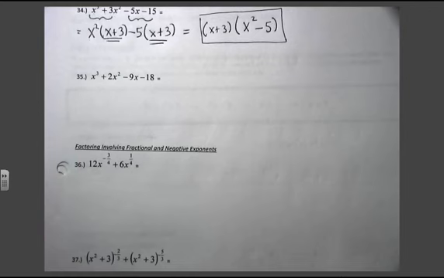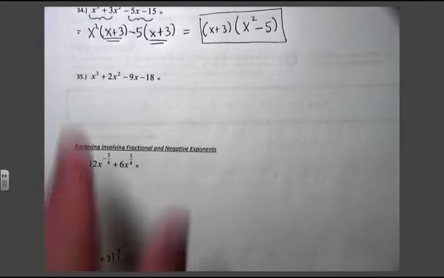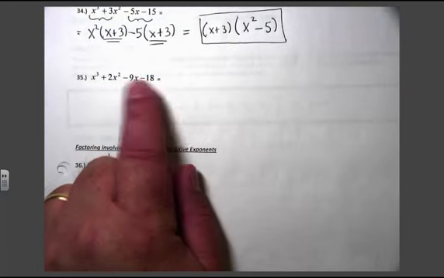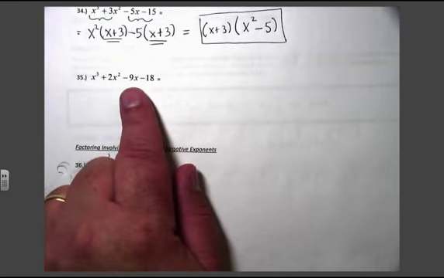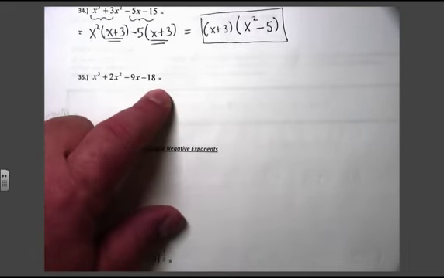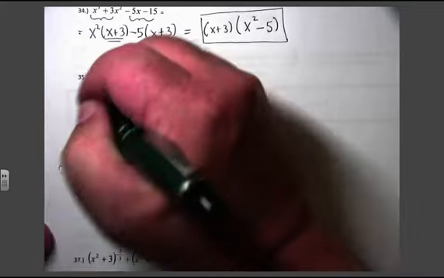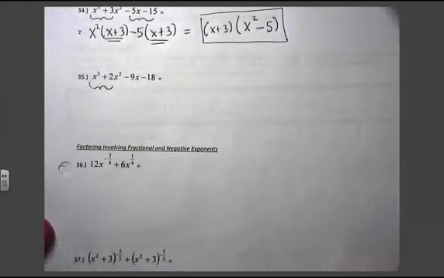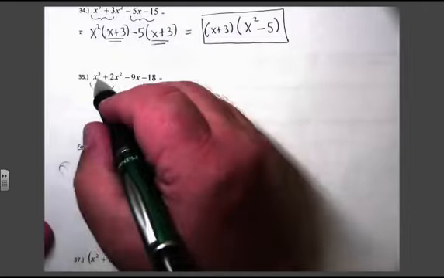X cubed plus 2x squared minus 9x minus 18. 1, I don't have anything in common in every term. Second, it's 4 terms. So I'm going to try the factor by grouping technique because of the 4 terms. That's kind of your key there. So, what do you got in common on the first 2 terms? It's like an x cubed and a 2x squared.